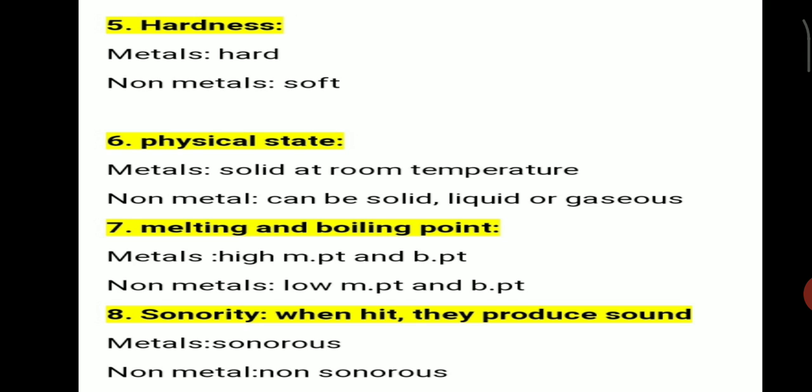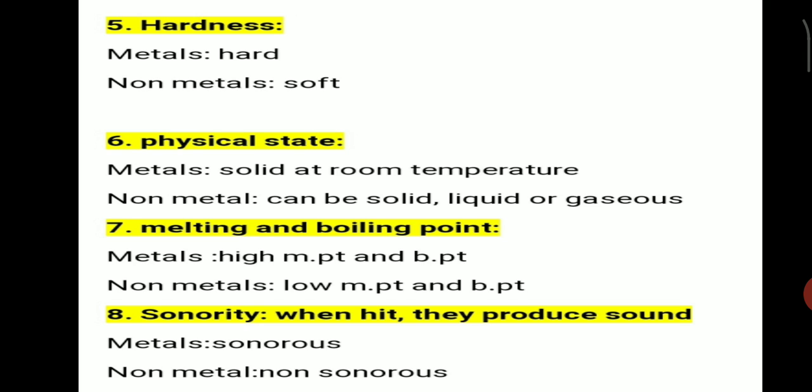Even other metals like gallium and cesium have very low melting points, around 30 degrees Celsius and 28 degrees Celsius. They will even melt at room temperature. If we keep them in our hand, they will melt. So that much low melting point they have.